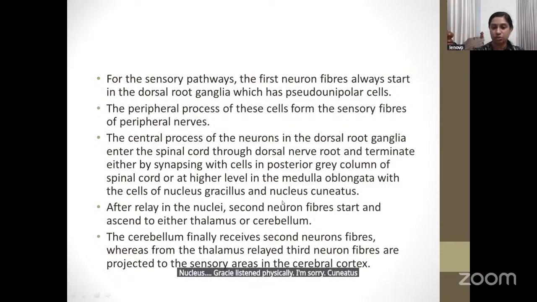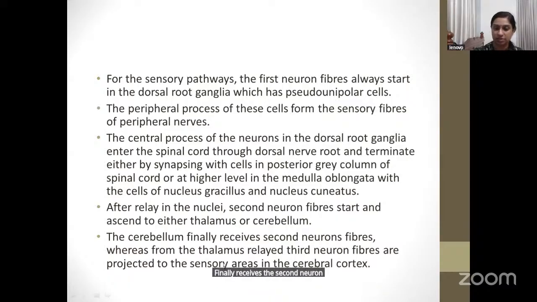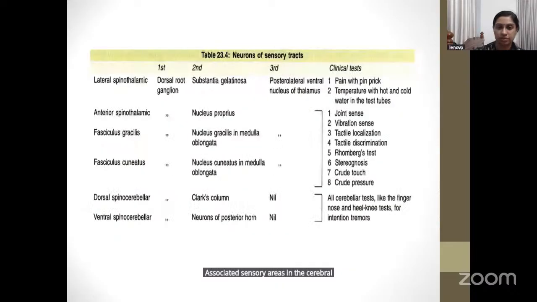After the relay in the nuclei, the second neuron fibers start and ascend to either the thalamus or the cerebellum. The cerebellum finally receives the second neuron fibers, whereas from the thalamus, third neuron fibers are projected to the associated sensory areas in the cerebral cortex. So these are the neurons of the sensory tracts.